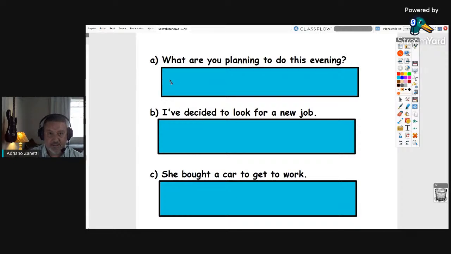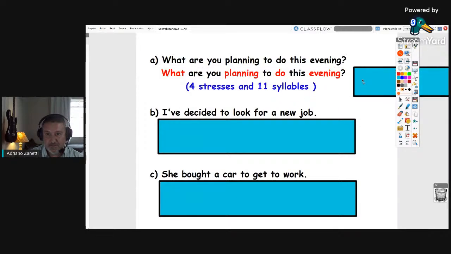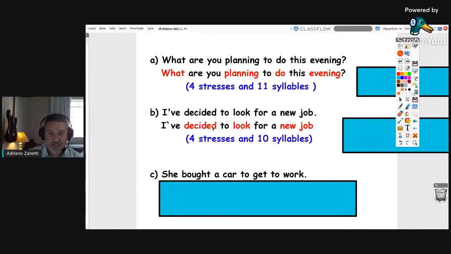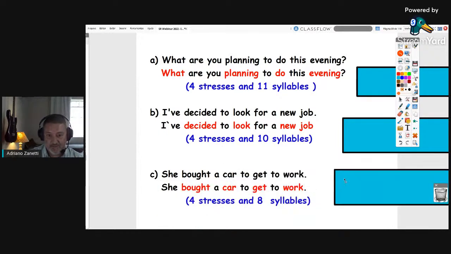If you look at this, you have four stresses: What playing do evening? That's the stress, that is the rhythm. And you've got four stresses here as well: Decide, look, new job. Here we've got 11 syllables, 10 syllables, four stresses and 8 syllables.